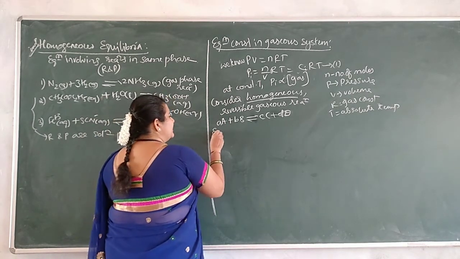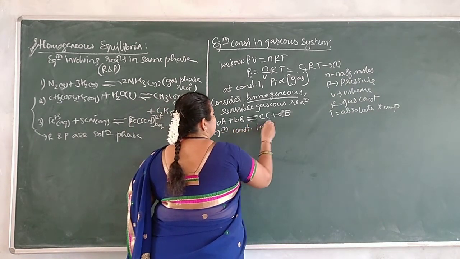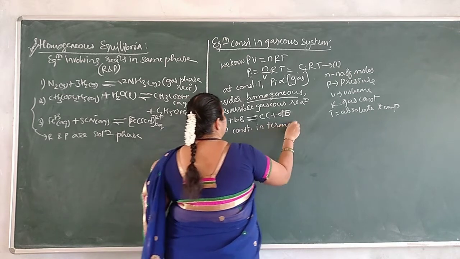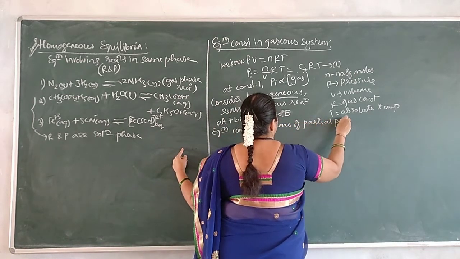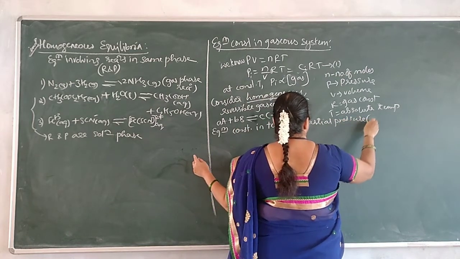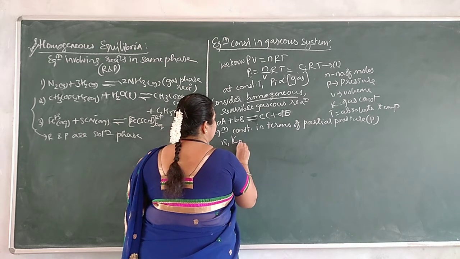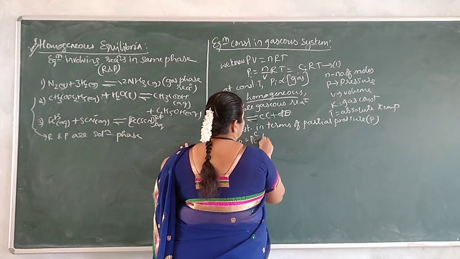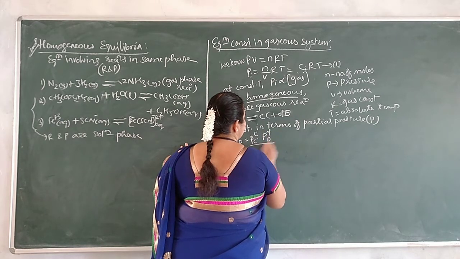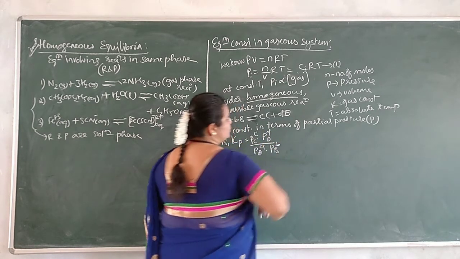The equilibrium constant in terms of partial pressure is given by Kp is equal to Pc raised to c into Pd raised to d, divided by Pa raised to a into Pb raised to b.